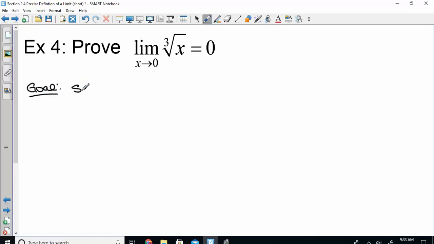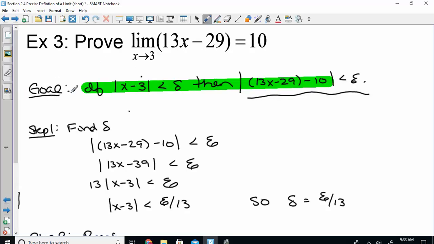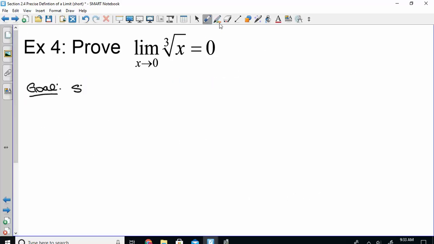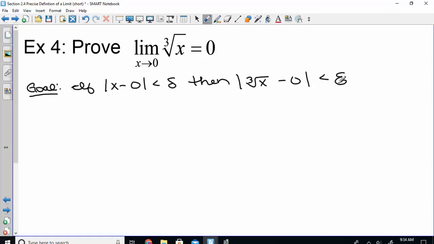First thing I like to do is write my goal. So our goal is to, remember we're just doing that definition. If the absolute value of x minus a, my a is 0, is less than delta, then the absolute value of f of x, so your function, minus your limit, is less than epsilon.